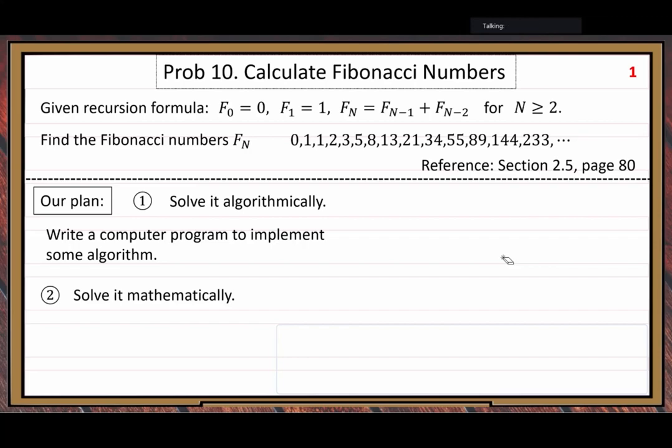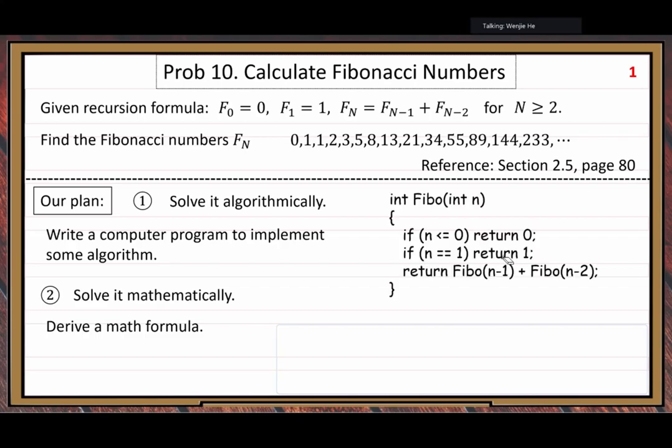So two ways. First, let's do the first way. Then, in our part D, we will do the second way. Part C, we do it the first way. Part D, second way. So the first way, let's try the brute force implementation.